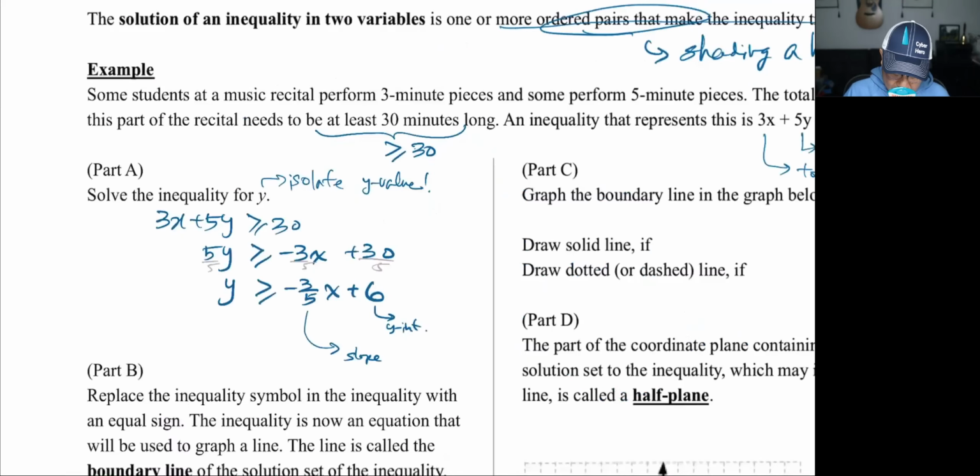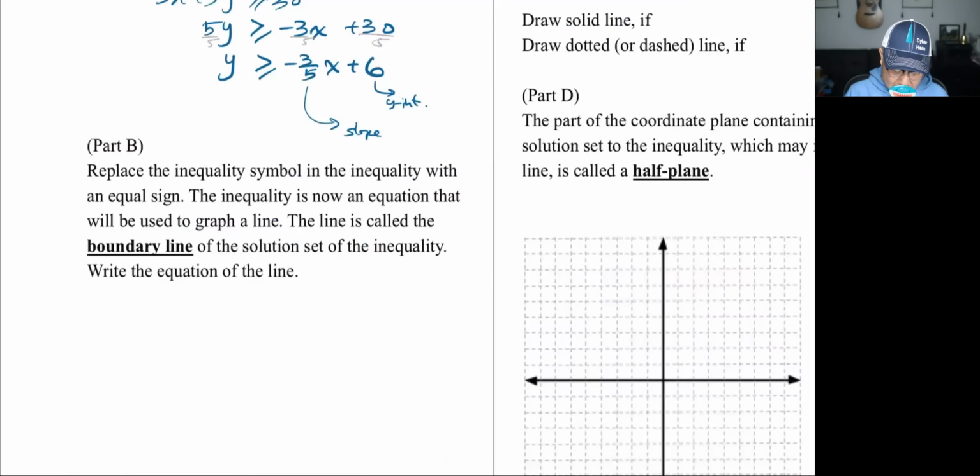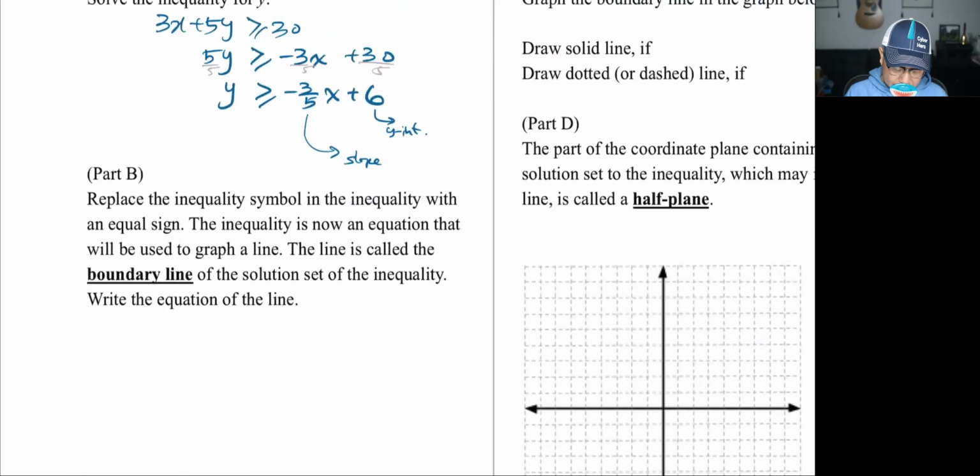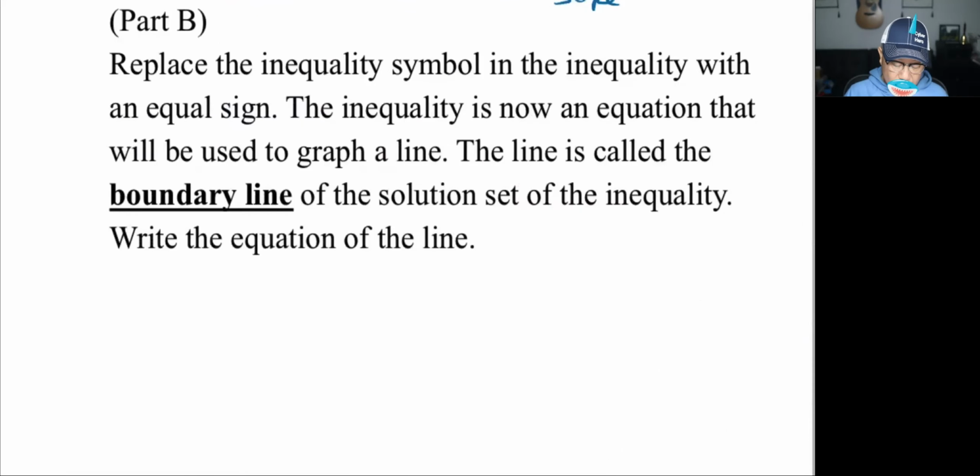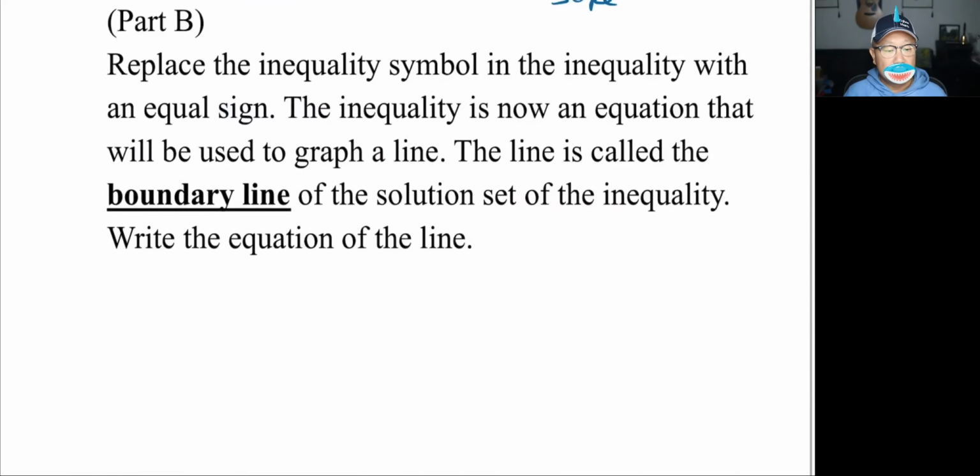So now, part B, what this is saying, when you did this, guys, right? It said, replace the inequality symbol in the inequality with equal sign. The inequality is now an equation that will be used to graph a line. The line is called the boundary line, okay?